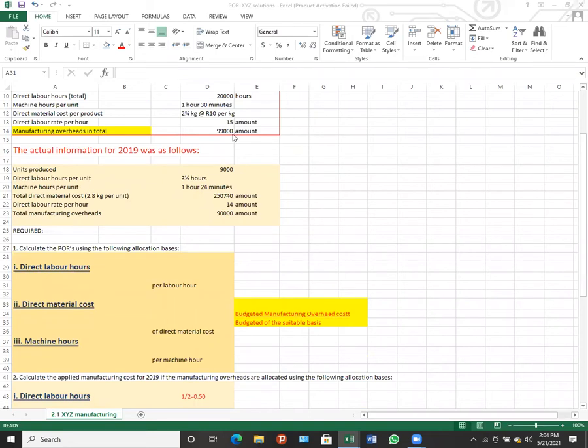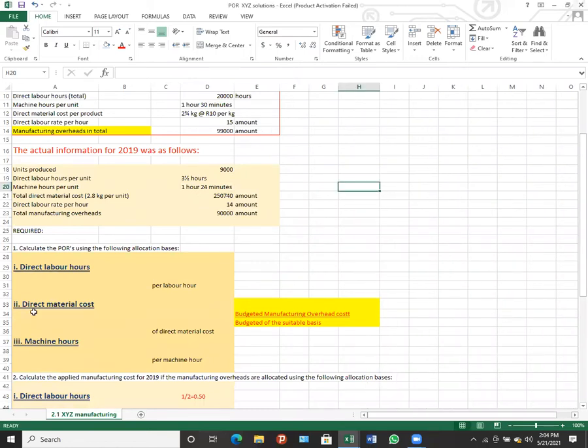Okay, guys, before we start, I just want you to remember: if you calculate your POR and your budgeted base is cost, you are going to multiply by 100, which means your answer is going to be a percentage.